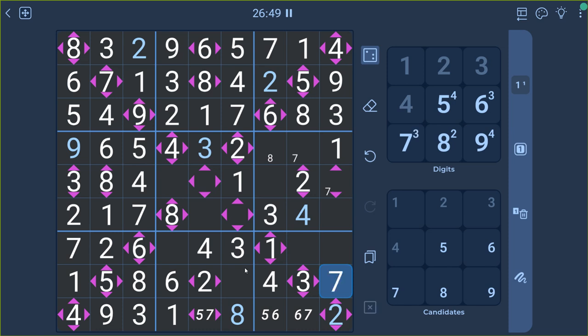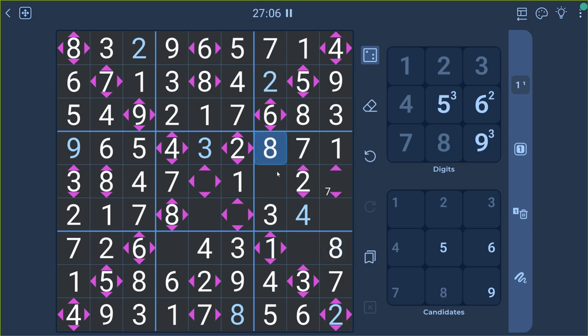We've got a 7 and a 9 left in this row. That means this is now 6, this is now 5, this is a 7, this is a 7, this is a 7. We've got 8, 8.